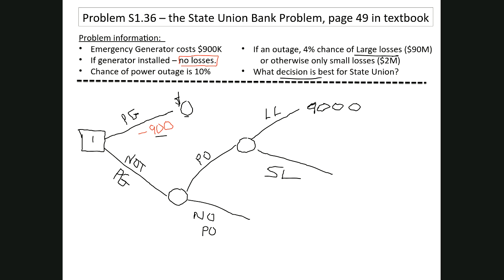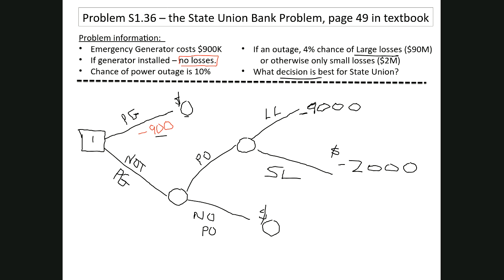And if there's small losses, that's going to be a negative. If there's small losses, you're going to lose 2 million, or 2,000 thousand. And then if there's no power outage, but you don't have a generator, there's not going to be any loss.